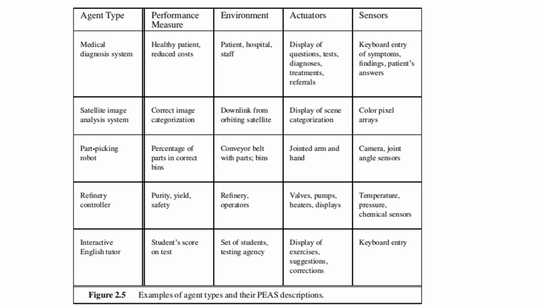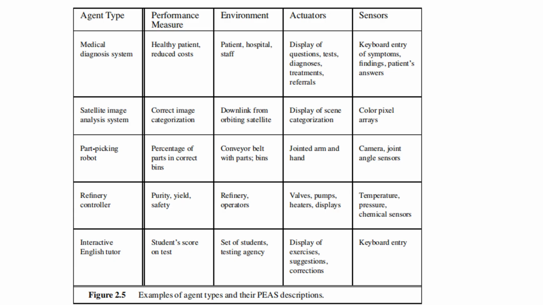So other examples are given here. You can see the satellite image analysis system. There the performance measure we can consider as correct image categorization. And the environment is downlink from orbiting satellite. And actuators, display of scene categorization, and sensors, color pixel arrays.